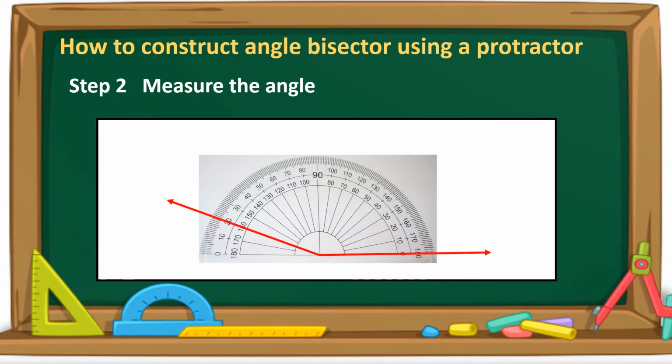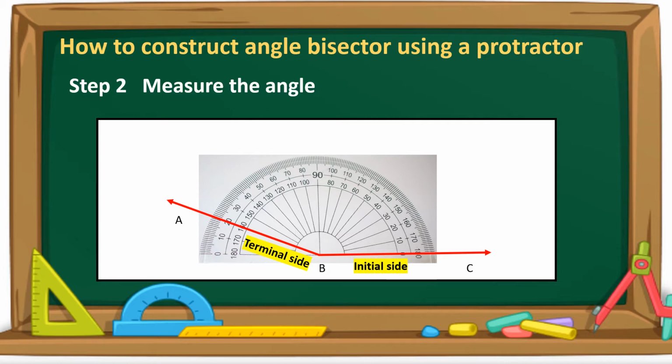A protractor is a device used to measure the opening of an angle. Initially we have angle ABC. Side BC is the initial side, and side BA is the terminal side. We line up the initial side of the angle to the 0-degree line of the protractor.